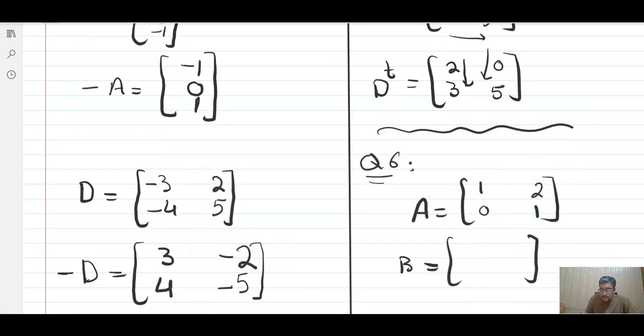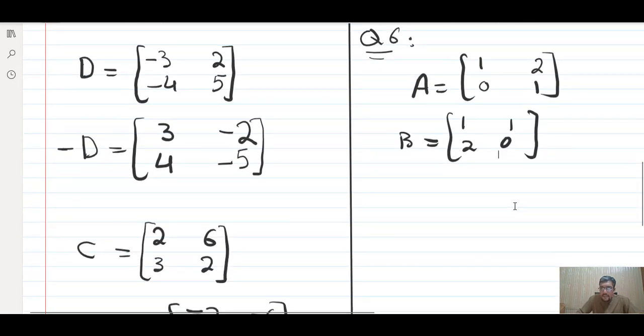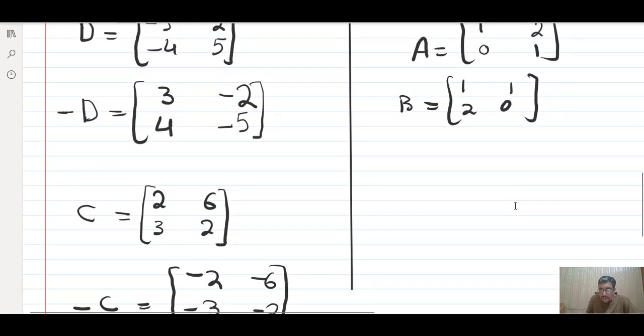In this question, we have to prove that A transpose of transpose is equal to A. Once we take the transpose of A, we have to take the transpose again, and verify whether it is equal to A or not.